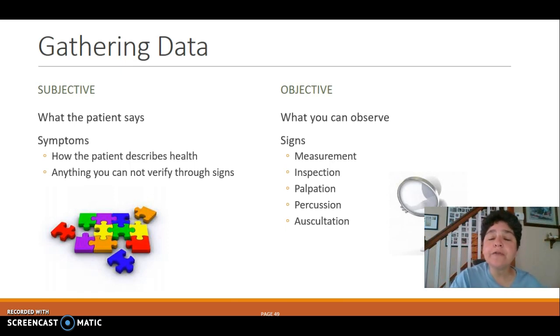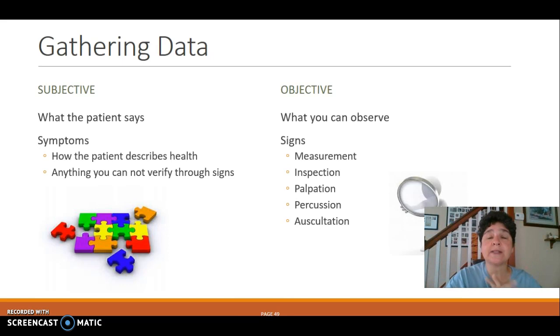So there are different ways that we gather this information, and this is important for you to know as well. We measure these things. So we may take vital signs. We may check their blood pressure, their pulse, their respiration, their temperature. But we're measuring these things in some way.